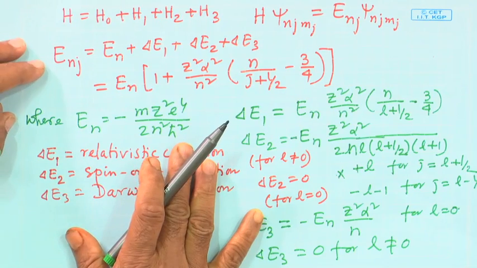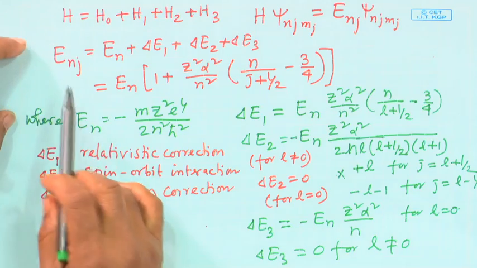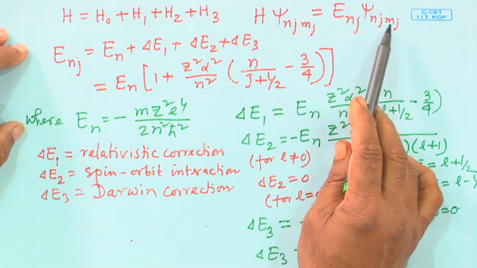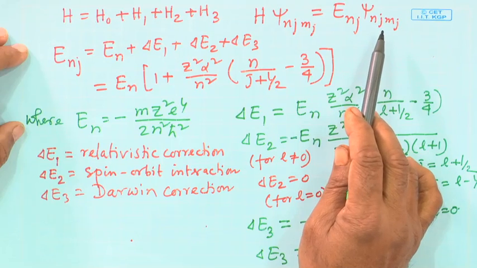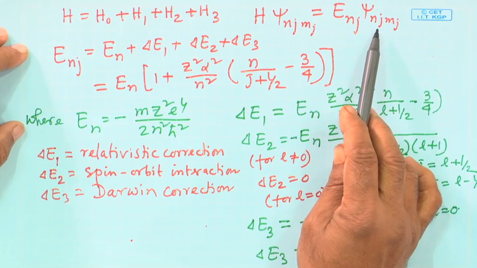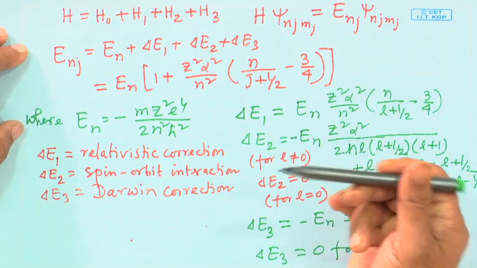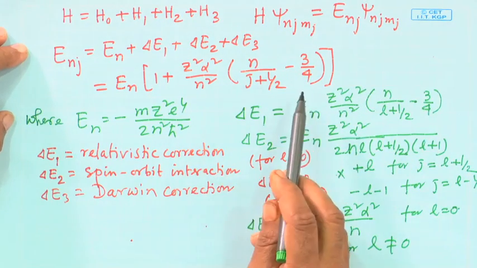So ultimately from the Dirac equation we got the energy expression and also the eigenwave function psi n j m j. But we are interested in dealing with this energy expression.